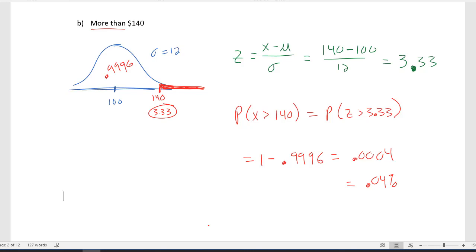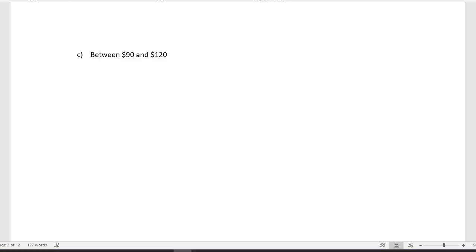So outside 3 standard deviations, I'm within the 0.3% of data within my normally distributed data set of utility bills, any normally distributed data set for that matter. So some textbooks will call this extremely rare when I have a data point outside 3 standard deviations, or very unusual. Just depends on the terminology the textbook would use.